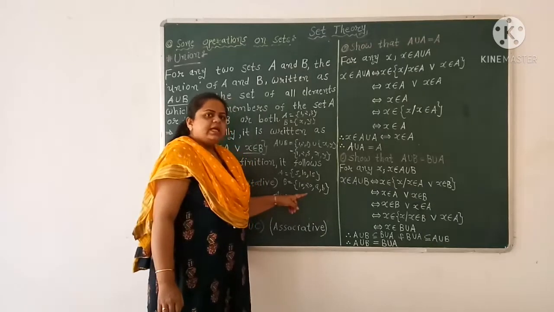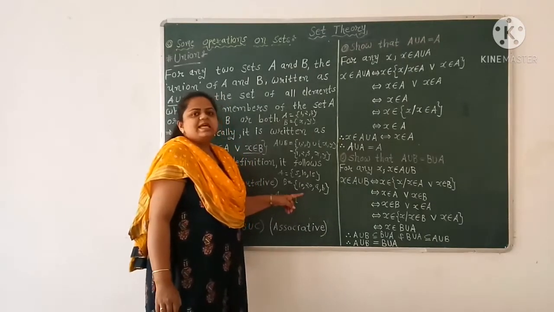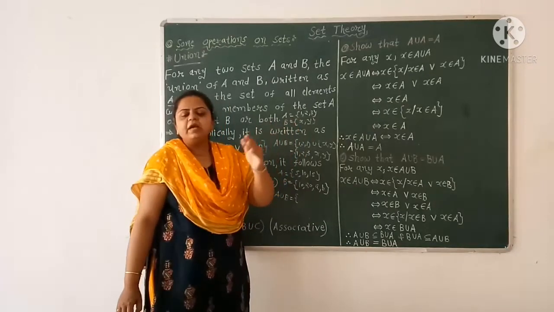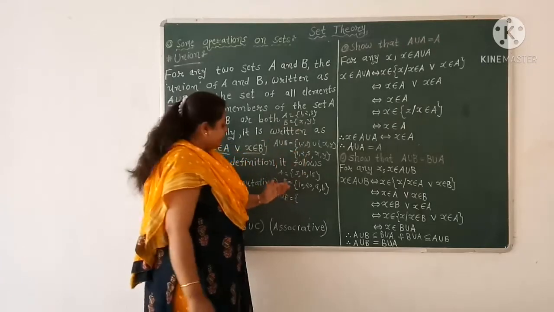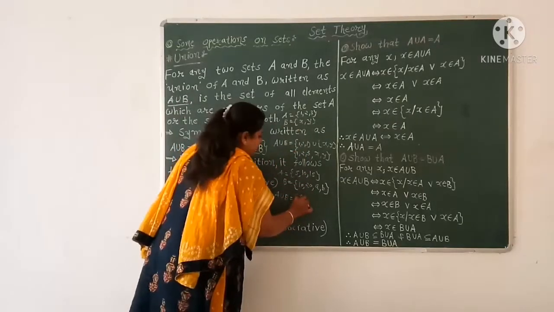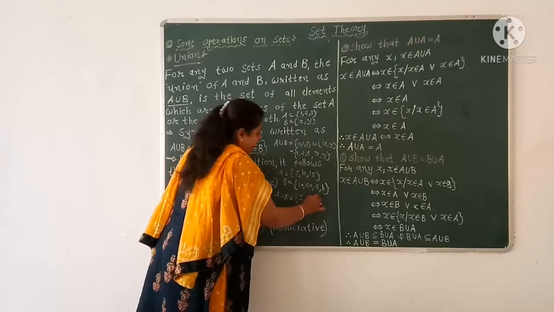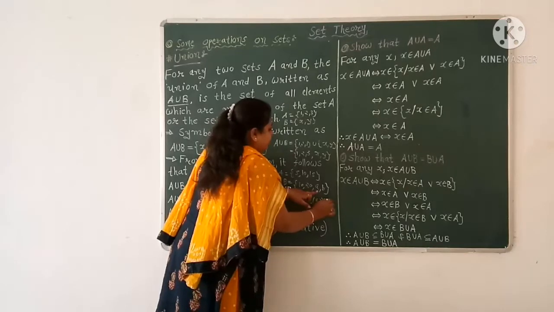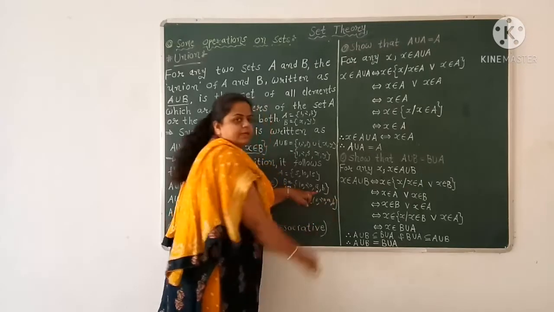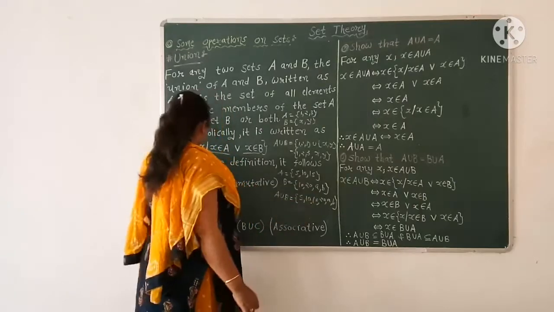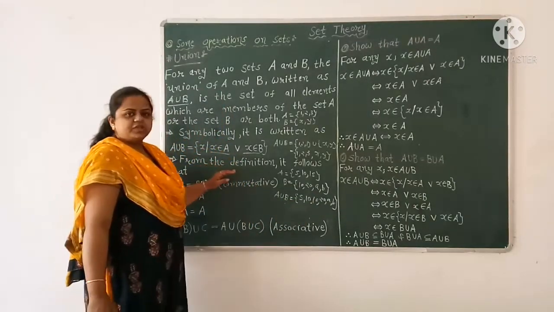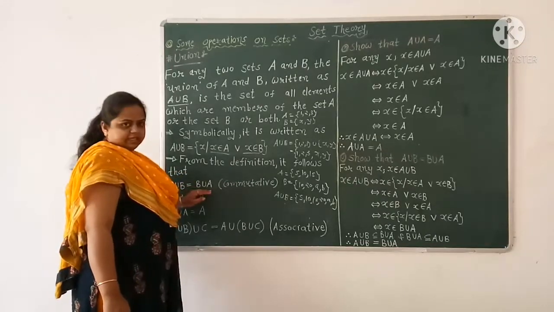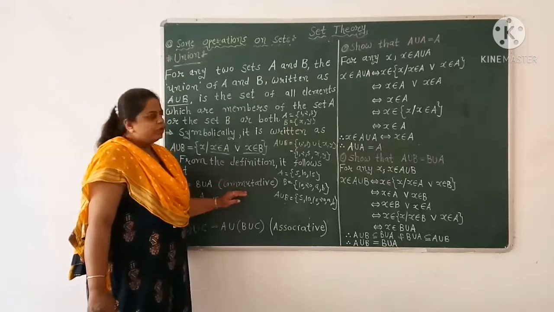And we know that A union B is the set of elements which are in A or in B or in both. So A union B is equal to {5, 10, 15, 20, a, b}. Now from the definition it follows that A union B equals B union A, that is, it is commutative.